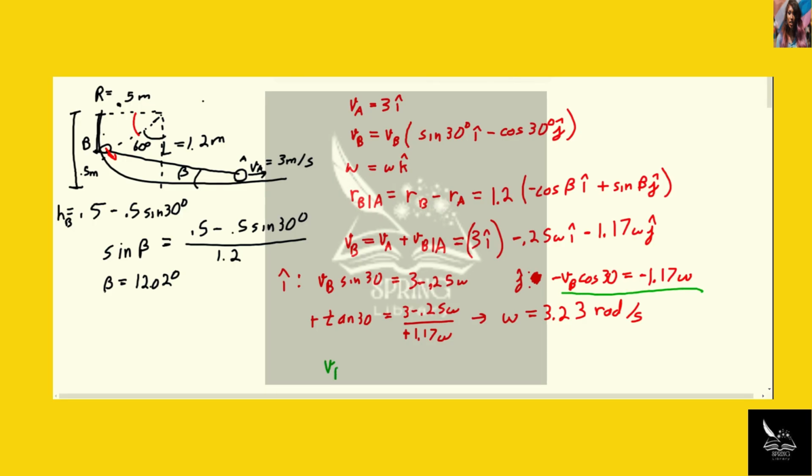So that we find that VB equals 1.17 omega over the cosine of 30 degrees, where we just found omega, and we find that the velocity is 4.38 meters per second. And one more quick thing about omega, I did not say what direction that is, but since B is lowering and A is staying the same, that means that the rotation must be counterclockwise. So CCW.